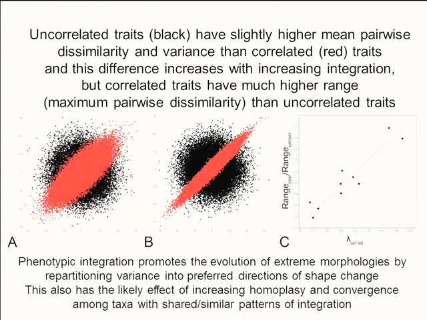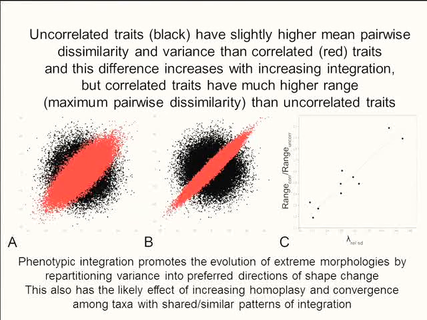The more integrated you are, the more extremal morphologies you'll basically be able to evolve. And so integration promotes the evolution of these extremal morphologies by partitioning the variance in preferred directions of shape change. And I think this will also have the likely effect, because it's forcing shape change along relatively narrow trajectories, of increasing homoplasy and convergence among taxa with shared patterns of integration.